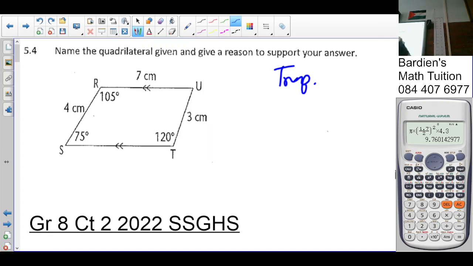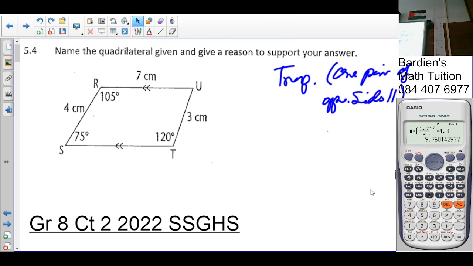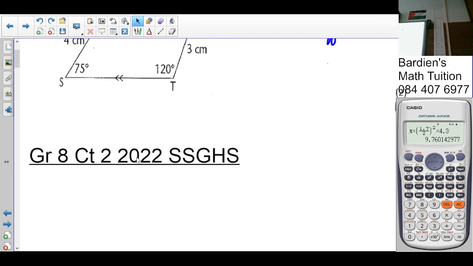Why? One pair of opposite sides parallel. Basically, the trapezium has one pair of opposite sides which are parallel.